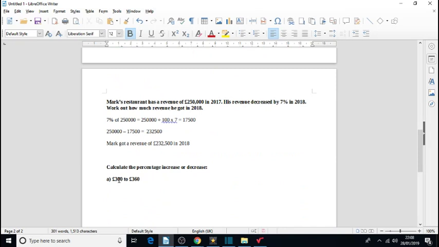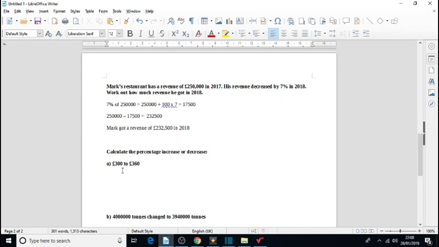This time we've already got our values after the decrease or increase has been applied. We just need to work out what the percentage of the increase or decrease is. So in this case, because this is 300 to 360, this first question, that means it has increased. I'm going to show you how to work that out.